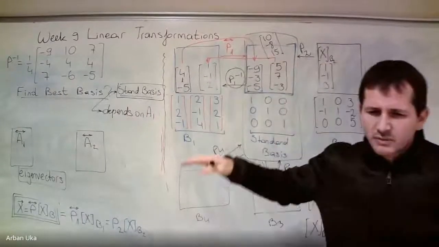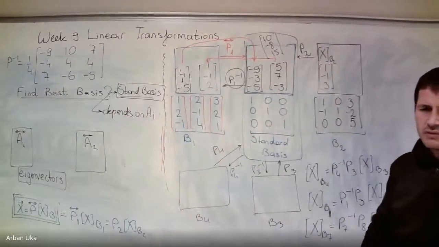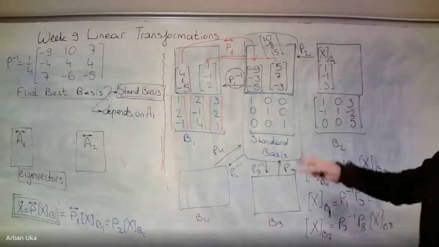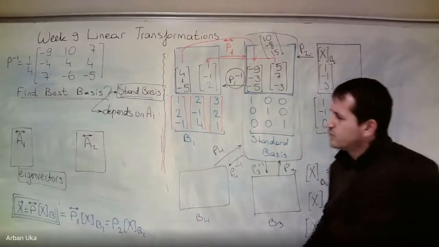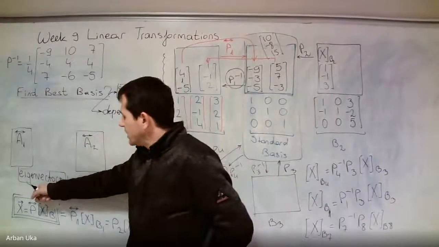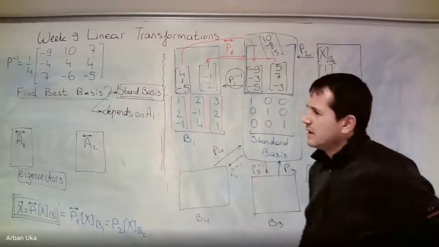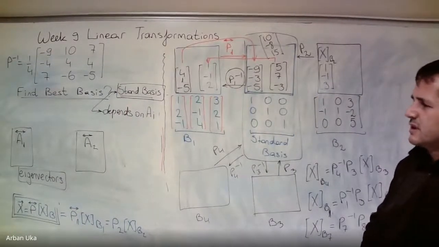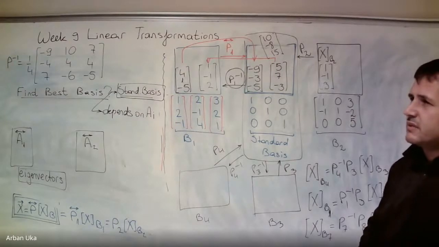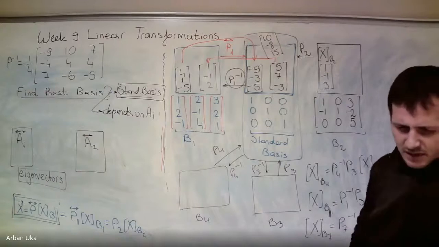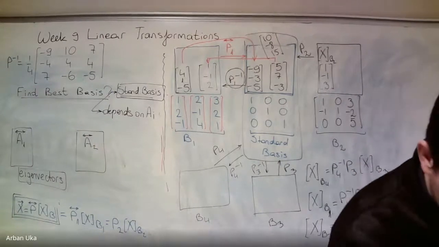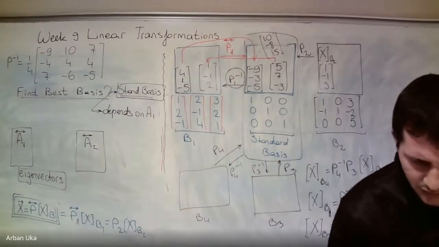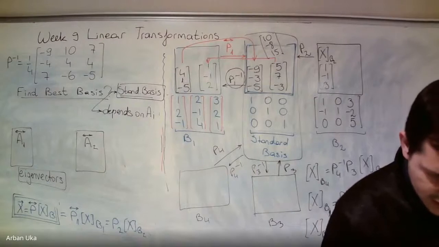Since we are discussing different bases, we have to discuss together that the best basis is something which is going to be formed from the eigenvectors of a specific matrix. Okay. I was going to say something else, but we are not there yet because we have to start with the eigenvalue equation and the eigenvectors.